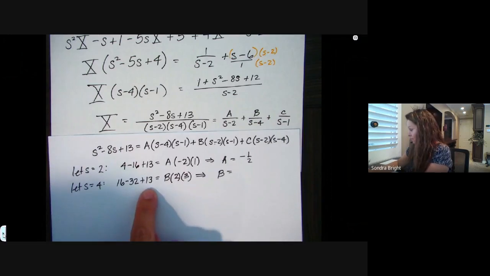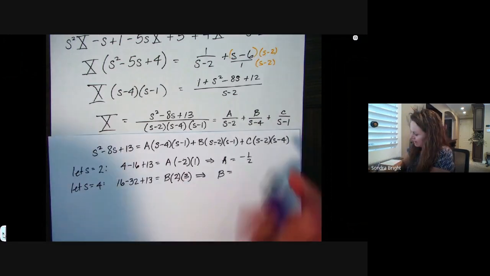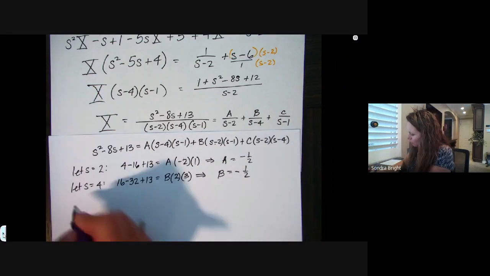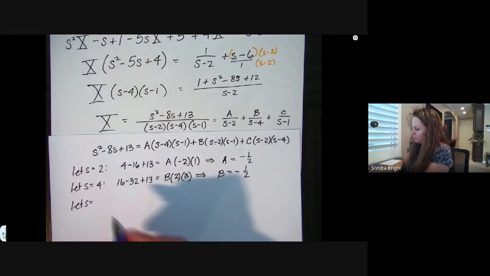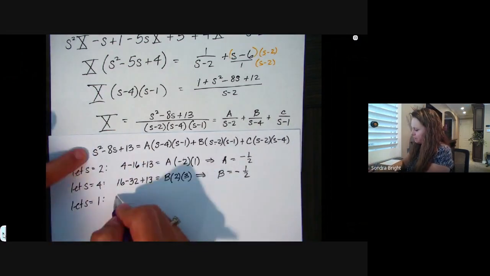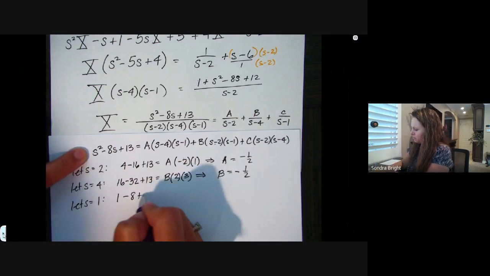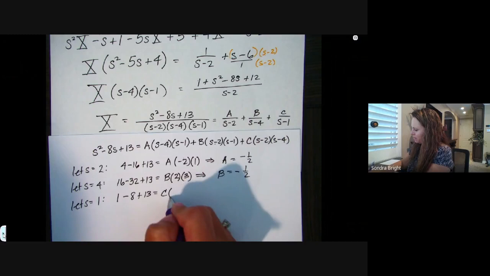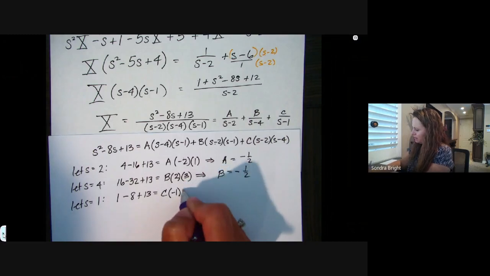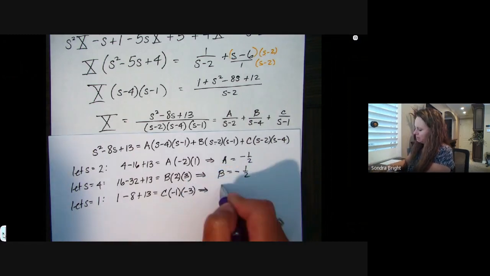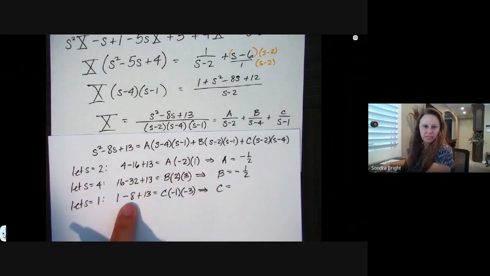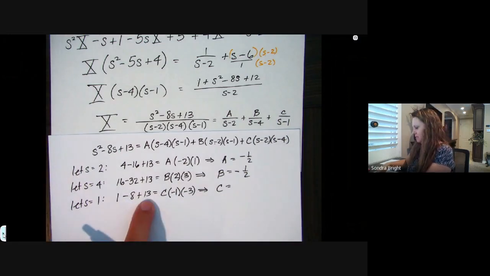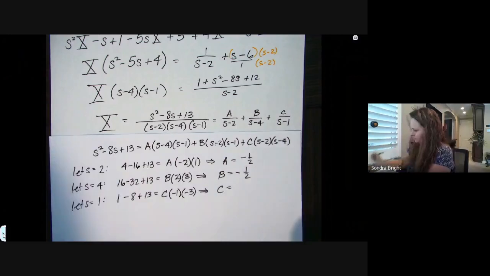So negative 1/2 also. Okay. And then let S equal 1. And that'll give you 1 minus 8 plus 13 is equal to 0, 0, C times negative 1 times negative 3. So C would be negative 7 plus 13 is 6 divided by 3, so C is 2.